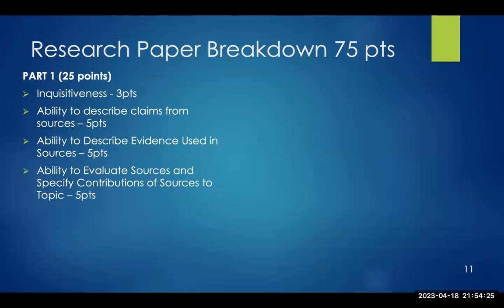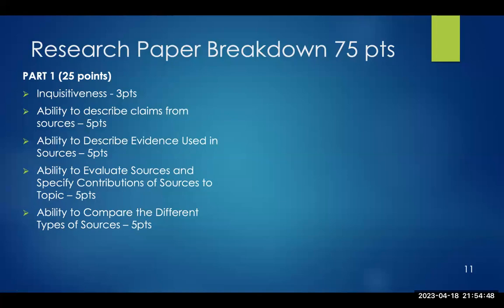Did they talk to experts? Was it a primary source study, in which case it's the results from the research? You have to describe the evidence. Finally, you want to evaluate the sources and give how they contributed to your thought process.